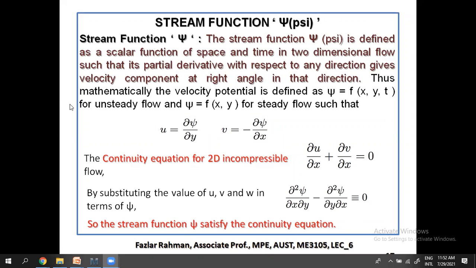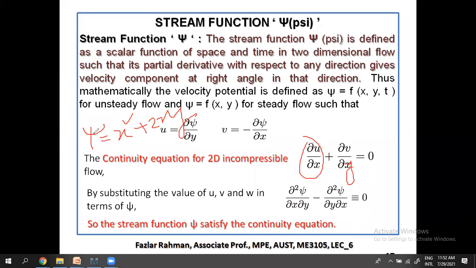Say I give you psi equal to x square plus y square, or 2xy, for example. You figure out del psi by del y to get u, you figure out v, and then try to match this equation.